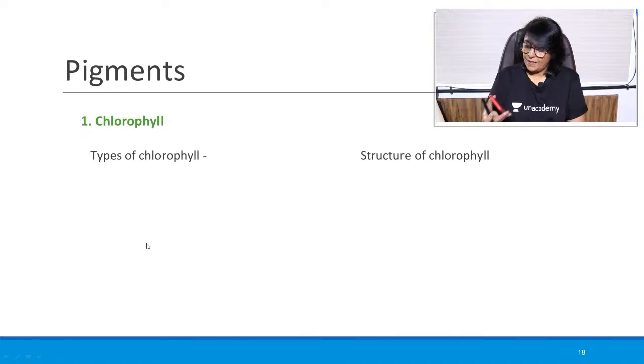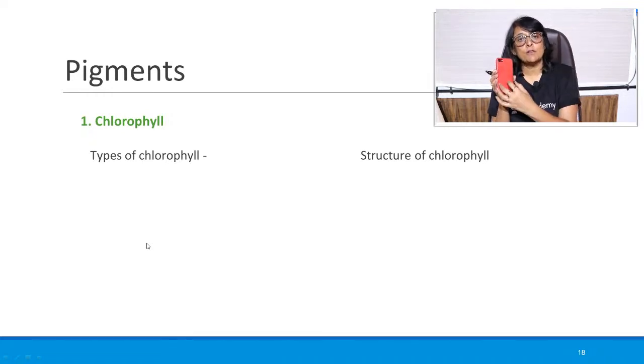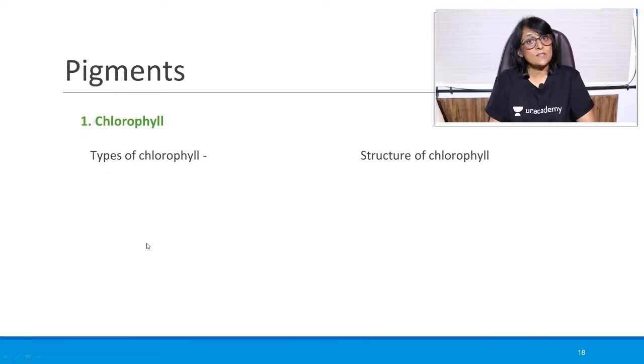For example, you can see this as red. It is made up of some material, and the material has some molecules. So why is it visible as red? Because when light falls on it, it absorbs all other wavelengths, but it is not absorbing red, it is reflecting. So what is coming to our eye is that particular one, and that is why we see it as red. In case of chlorophyll also the same thing happens. But we will first take up different types, structure, and then we'll come to the wavelengths which are absorbed.